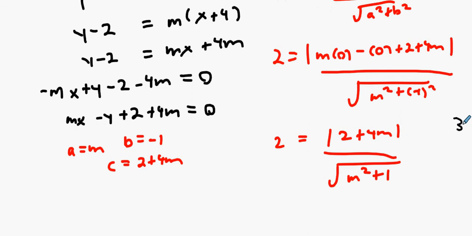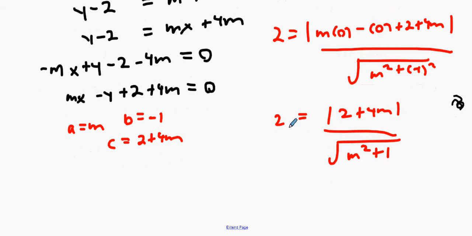Now we're going to square both sides. Square 2 we get 4. Square this we get 2 plus 4m multiplied by 2 plus 4m.